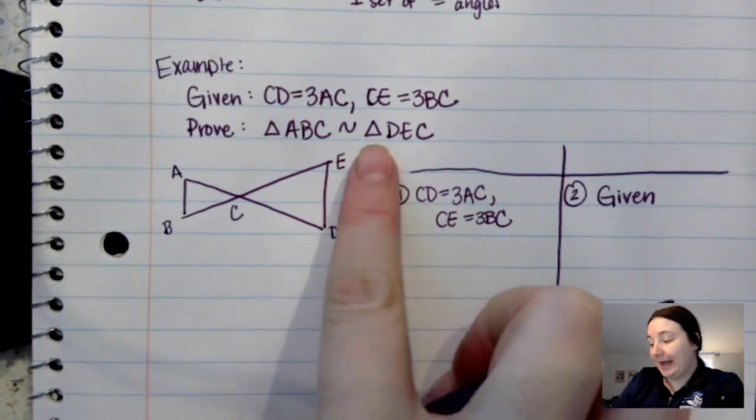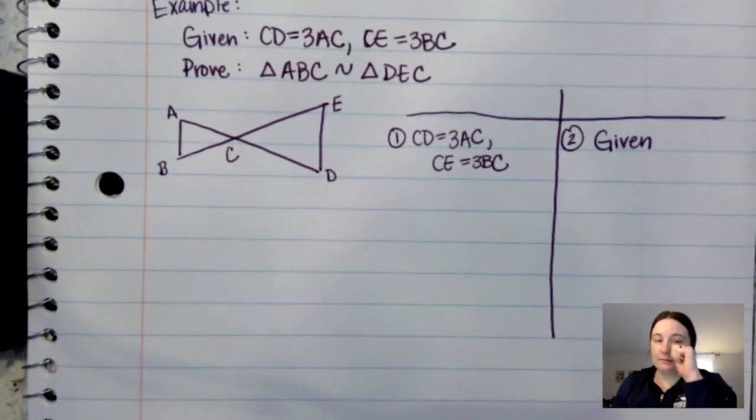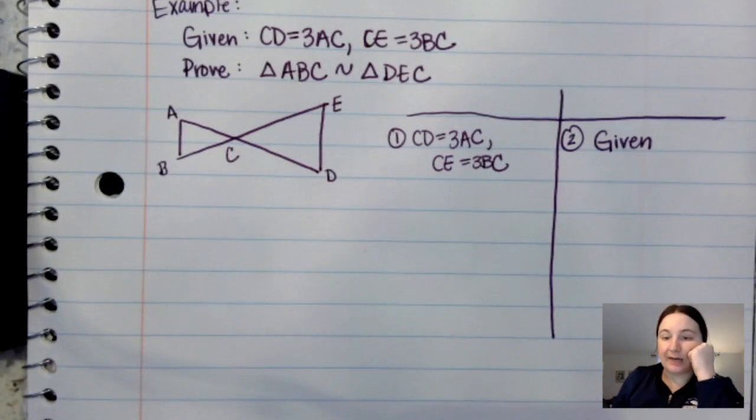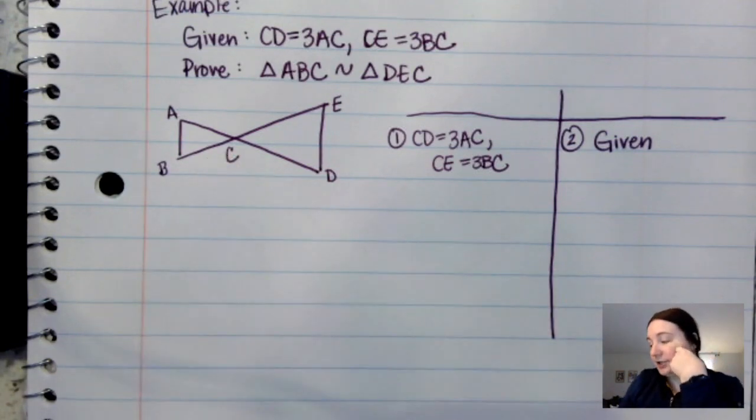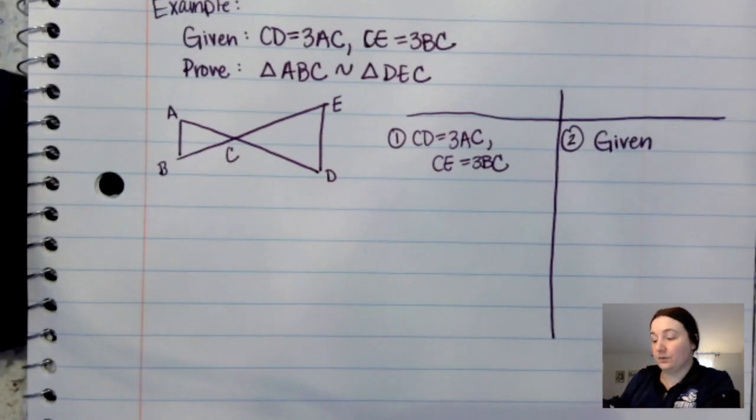And then I know I'm going to end with this similarity statement, but until we get there, we need to figure out what evidence we have and which shortcut we are going to use. So again, you're going to be looking at this and you're going to identify what's the information that I know, what am I going to use, am I going to have 3 sides or 2 sides, what's going to help me in this situation.